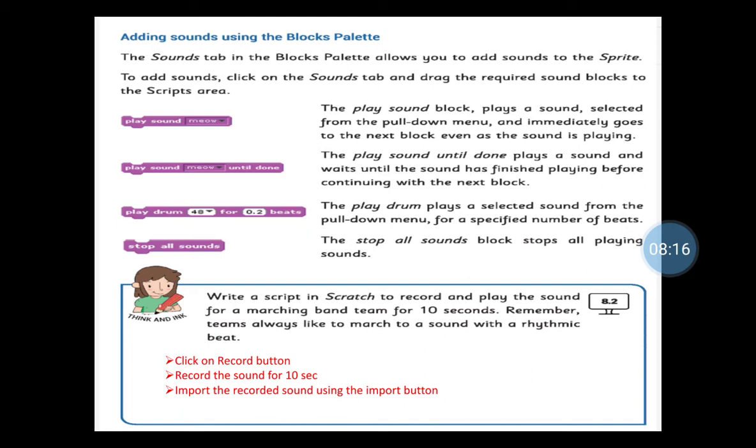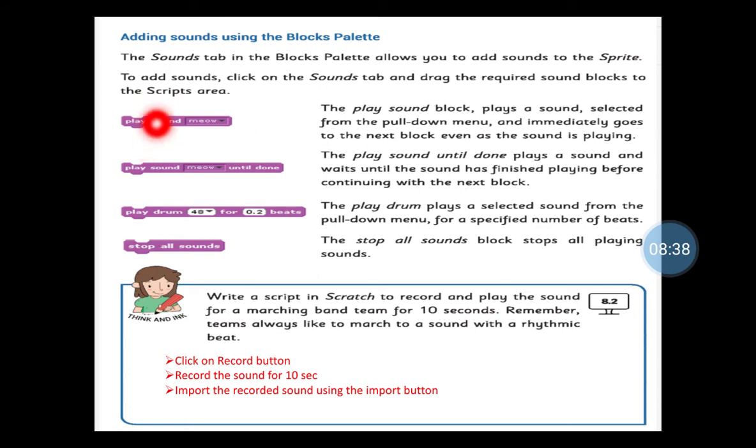To add sound, click on the sound tab and drag the required sound blocks to the script area. If you want to add some sound, you just click on the sound tab. After that the block palette will display on the left side. Okay, here these are the block palettes.